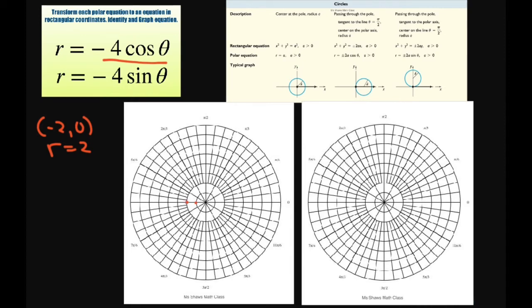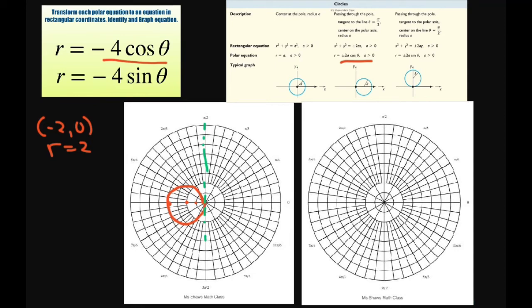The radius is 2, so go out 2 more like this, and then draw the circle. So that's what this looks like. It has this form of cosine, so it's tangent to this line. It touches pi divided by 2, and its center is on the polar axis.